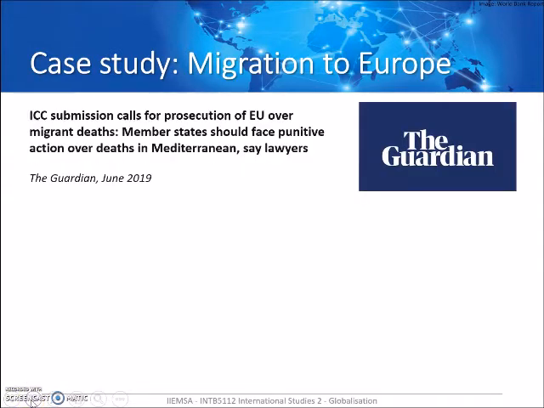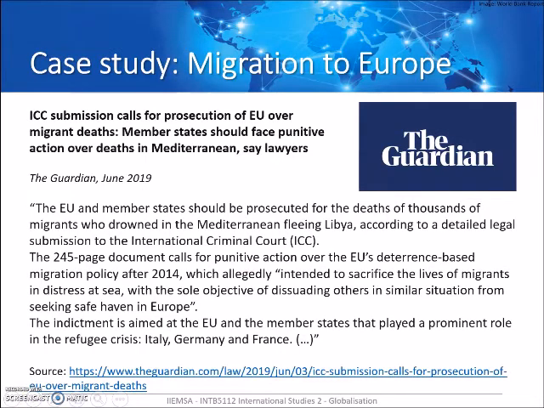Now, what is interesting is that in this migration crisis, if you have been following the news in the past years, you will know that many migrants have died in the Mediterranean Sea because they were not saved by boats, or they simply didn't make the crossing because the boats they were on were not safe enough. But there's actually been legal action, and you can read the whole Guardian article, the link is down here.